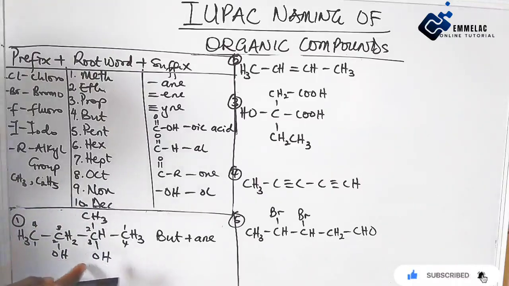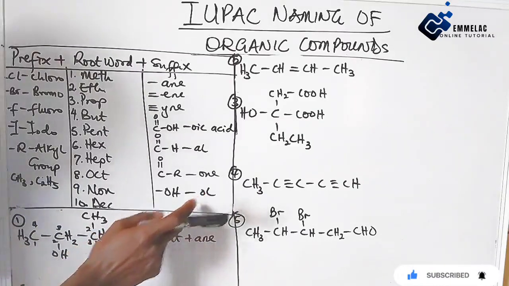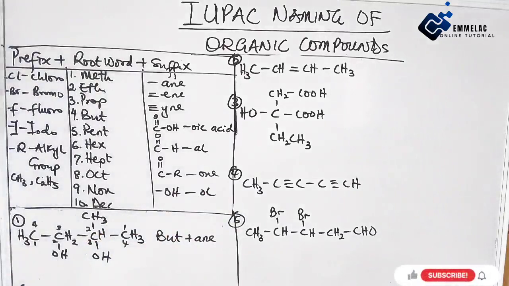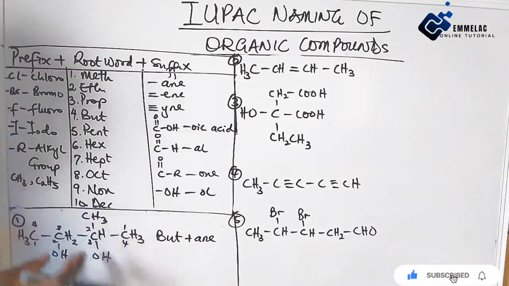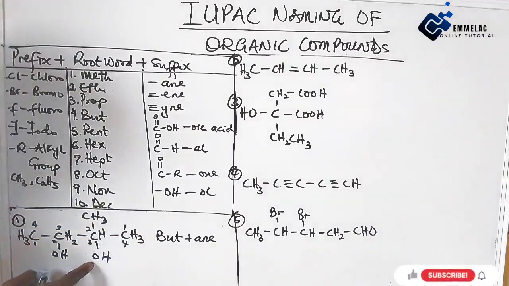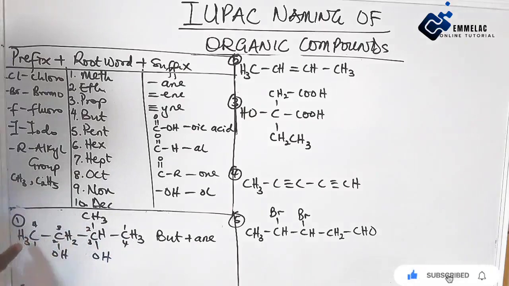And here we have the alcohol. Now the question is how to determine the position of this. From this angle, this is 2 and 3, and from here we have 2 and 3.